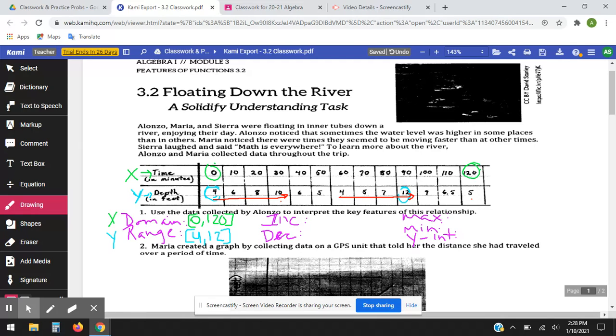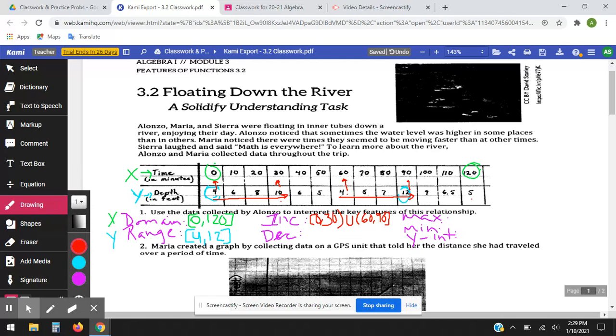So our increasing intervals, it starts from 0 to 30, and we're going to include 60 to 90. So both of those will work as our increasing intervals.